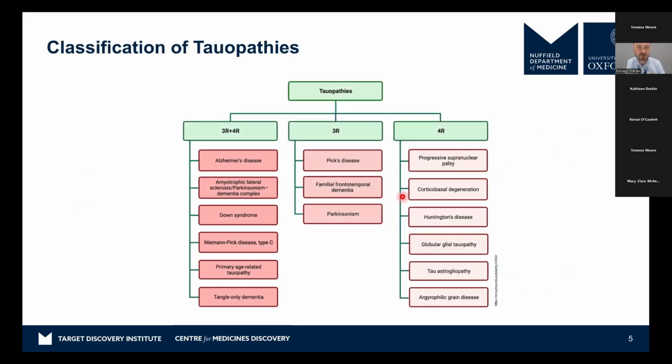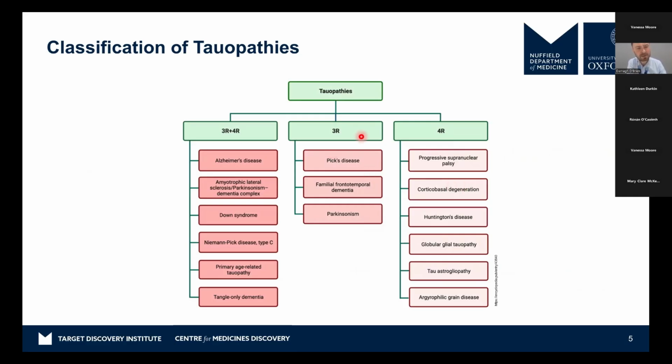These include diseases such as Pick's disease, progressive supranuclear palsy or PSP, and corticobasal degeneration or CBD, but also secondary tauopathies, such as Alzheimer's disease, where tau aggregation occurs alongside other pathological processes, such as beta amyloid.